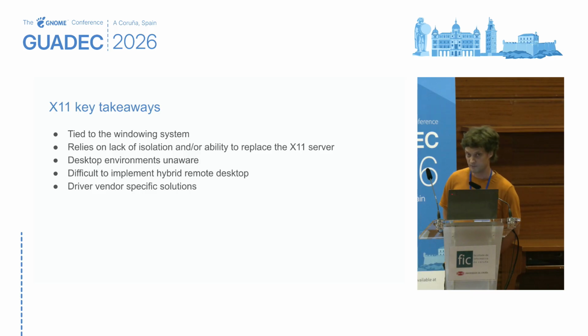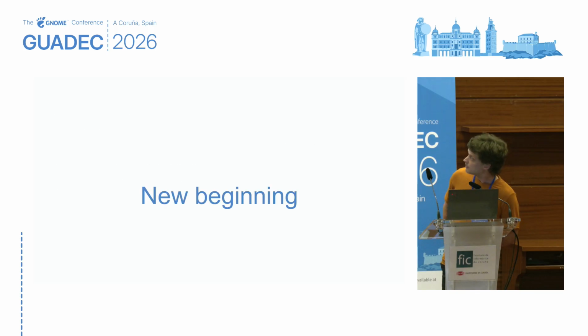And as I said, it was very difficult to implement any kind of hybrid solution. And as I mentioned, there were also some vendor-specific ways to do certain things. There's the NVIDIA FB frame buffer that is NVIDIA-specific, and then there's some Intel-specific thing for adding virtual outputs to the Intel driver. But it's not a good story.